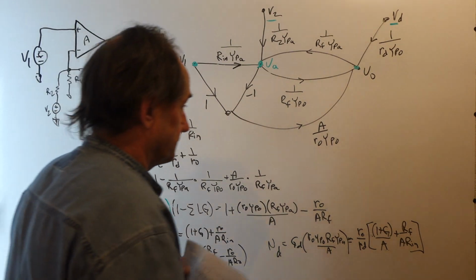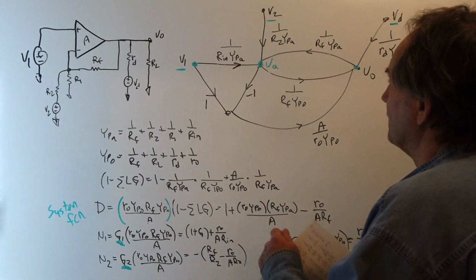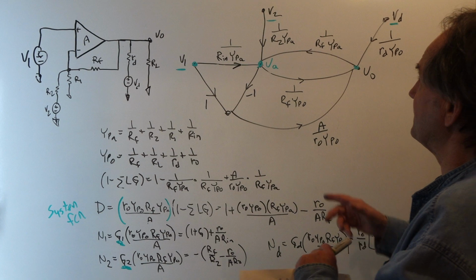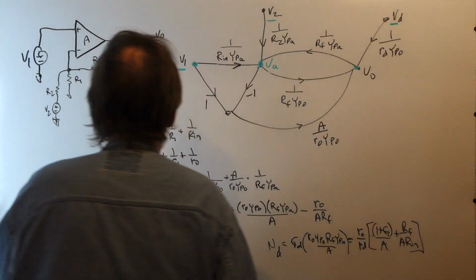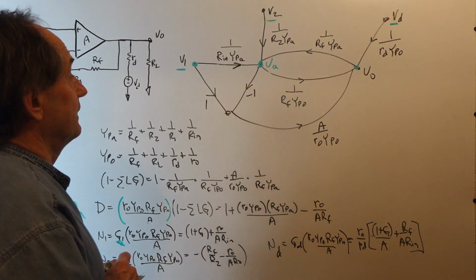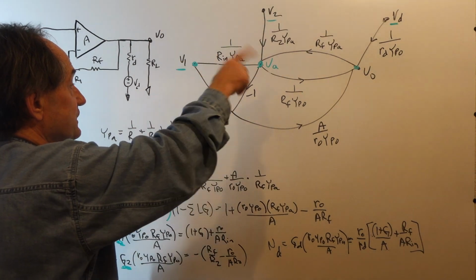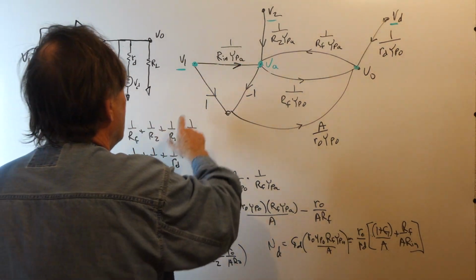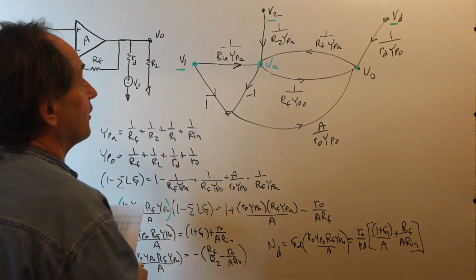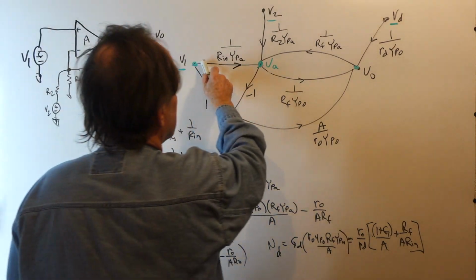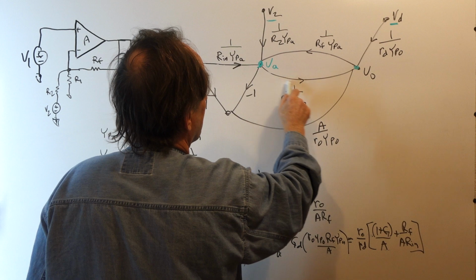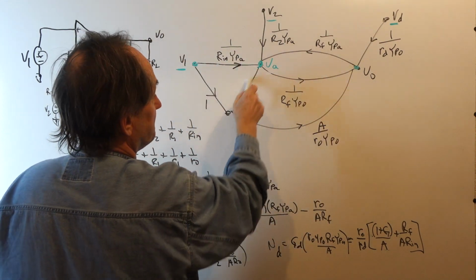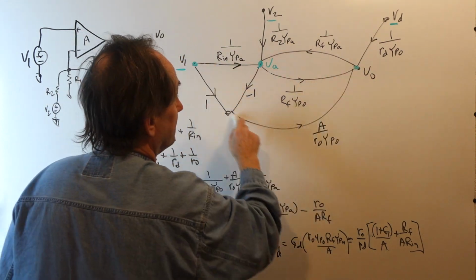Now, to get the numerator gains for each of the individual sources, we look at the forward paths from that source to the output. So for example, for voltage source 1, there are 3 paths. We have this path going in the forward direction, we have this path, and we have this path.